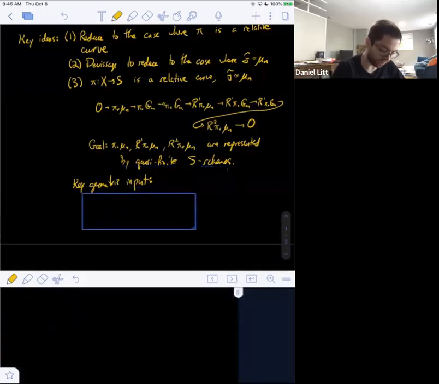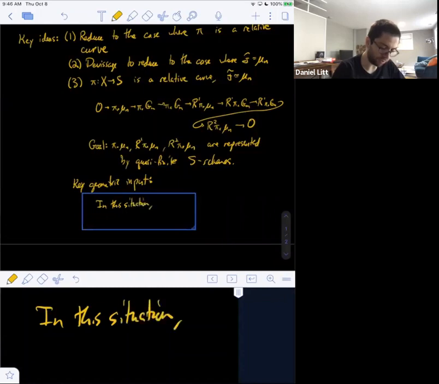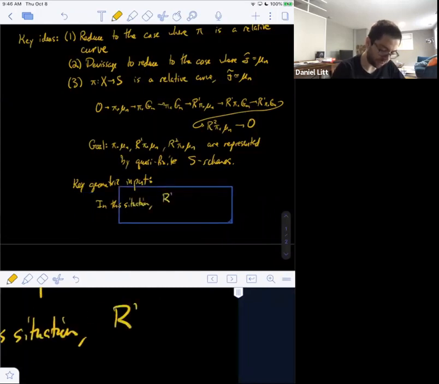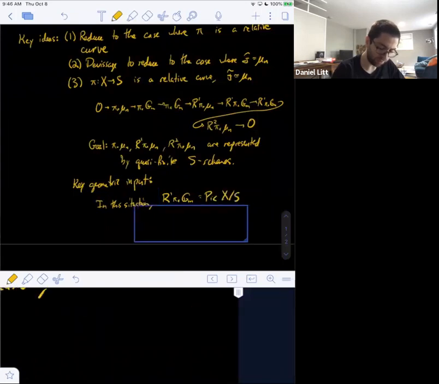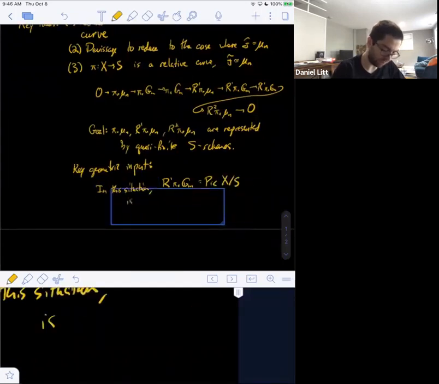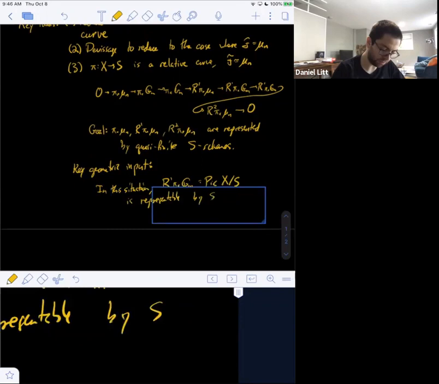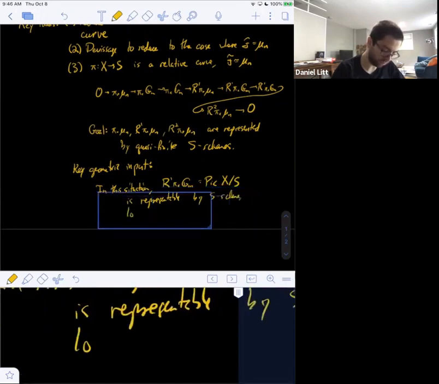The key geometric input is that in this situation, where one has a proper curve over a base, R1 π lower star G_m, which has another name, Pic of X over S, is representable by an S-scheme which is locally of finite type.